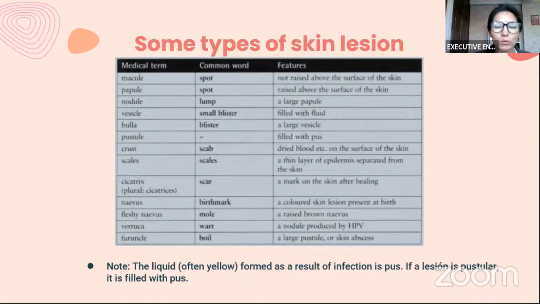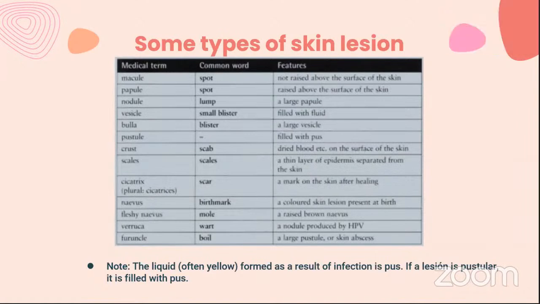For example, we have bulla, right? Its characteristic is a large vesicle, but I don't know what the translation for bulla would be. Do you know any words in mind? I don't know. Bulla.